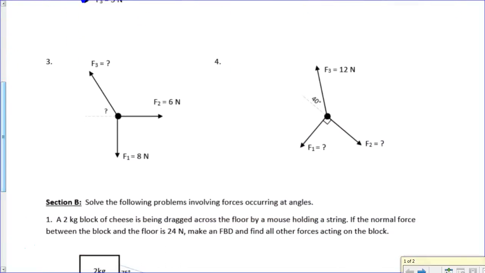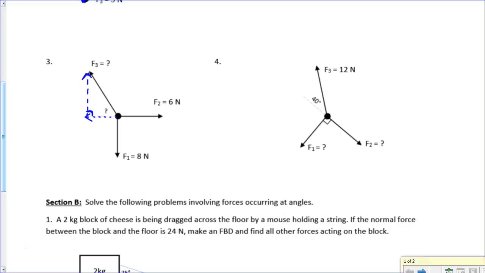So for problem number 3 here, we're looking for the degree measurement and for the value of F3. Again, you find the angle here that's kind of skewed off of the axes, and in this case, it's this F3. So we want to figure out some information about this. This is our right angle here. Things we know: this one is going straight off to the left and up if you're looking at those components.